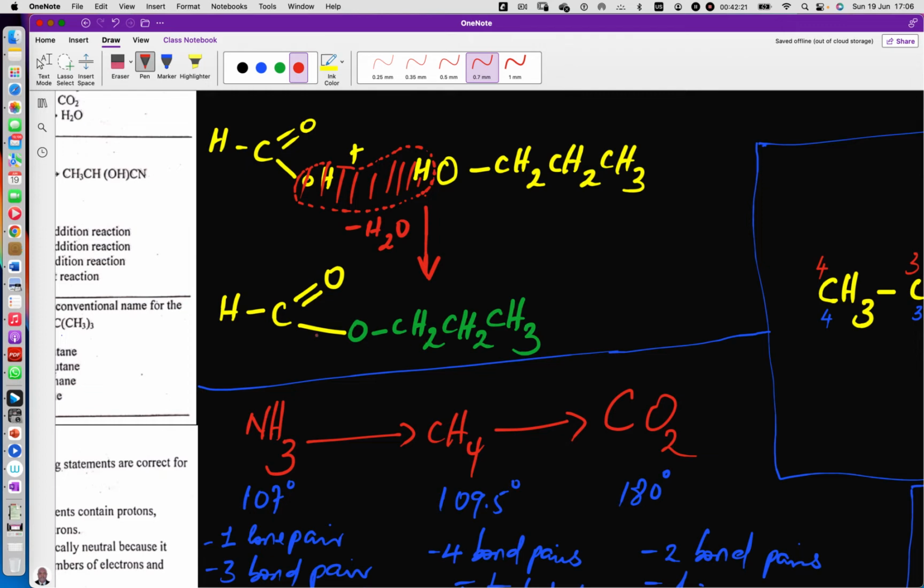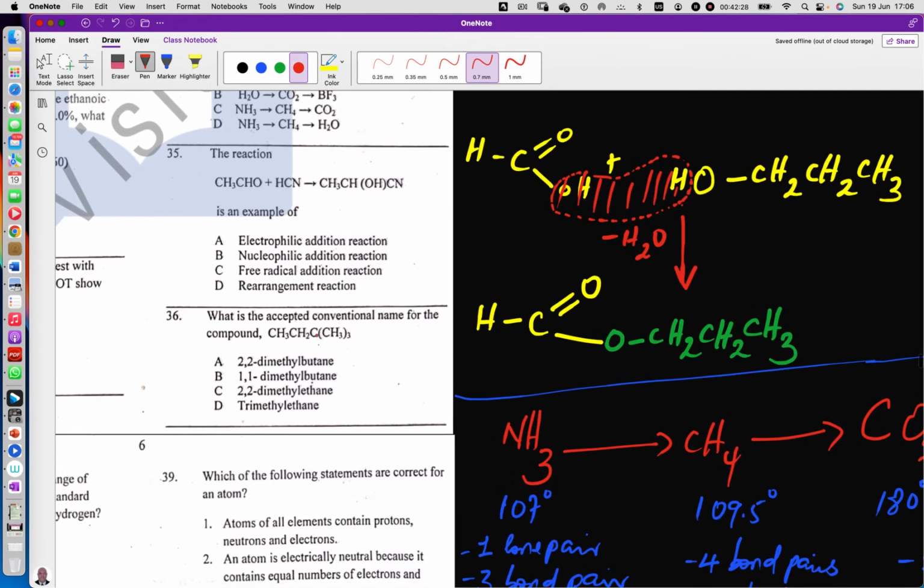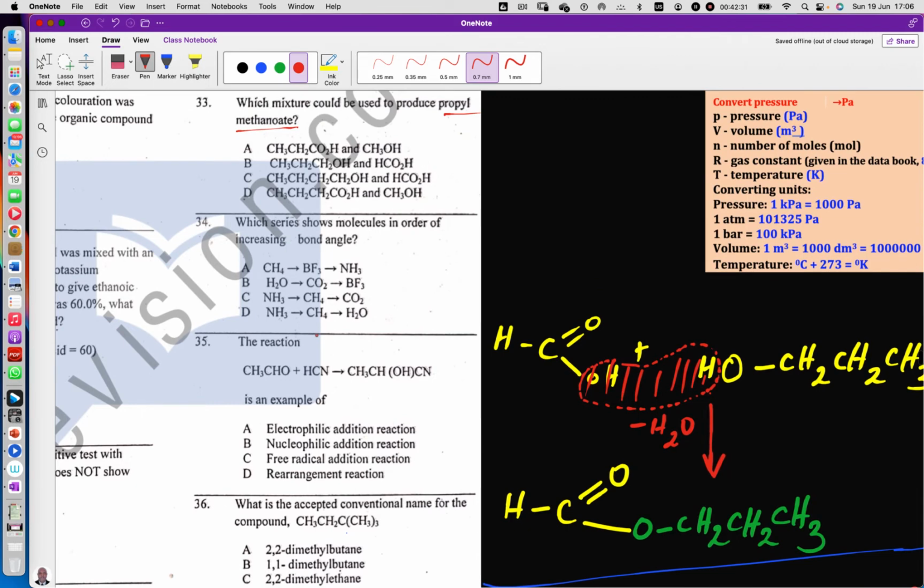So this is how the formula is supposed to be: propyl methanoate. We are starting from propan-1-ol and methanoic acid, so our answer for question number 33 will be B. It's methanoic acid.